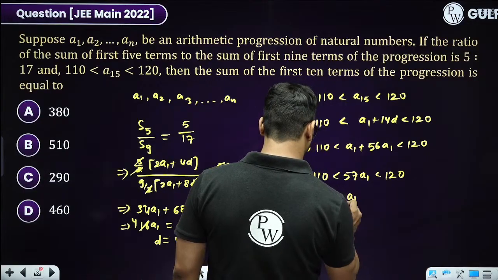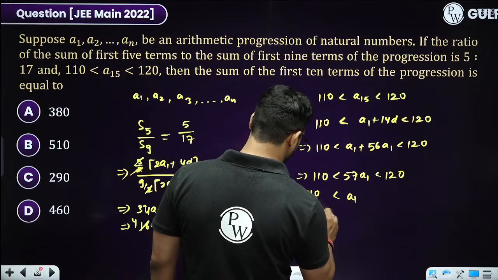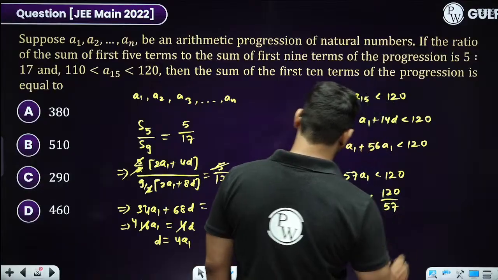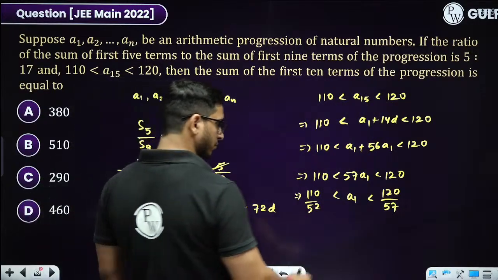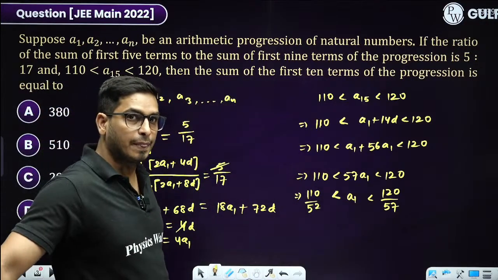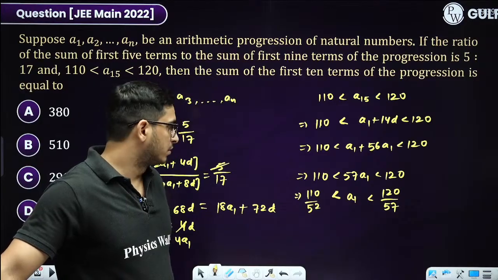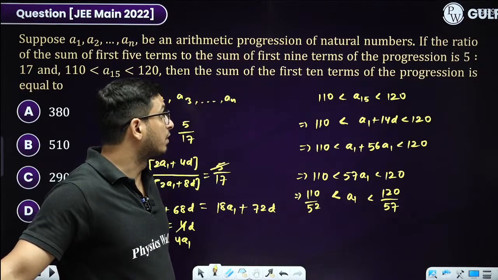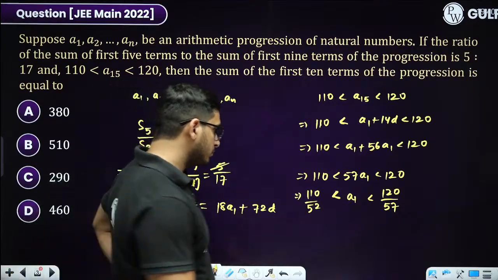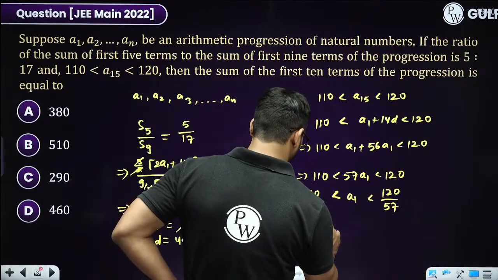So A1 lies between 110 by 57 and 120 by 57. I think between 1 and 2. Between 1 point something and 2 point something. The first one, 110 by 57, is 1.9. Sorry, this is 57, not 52.